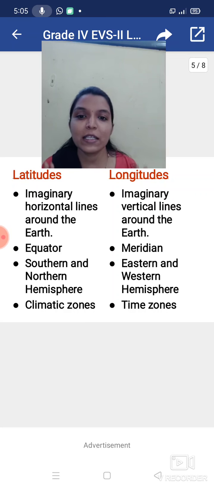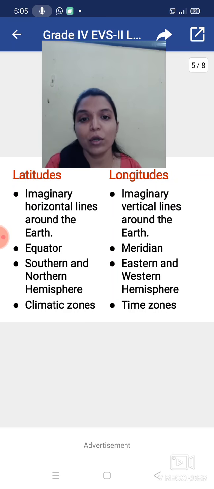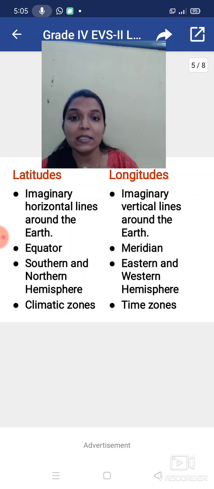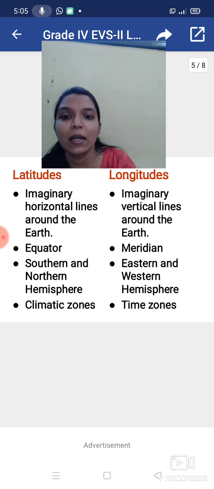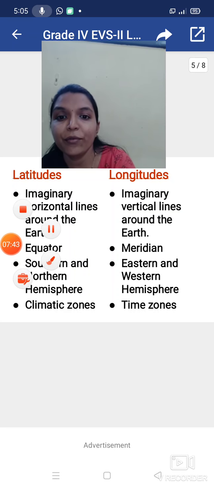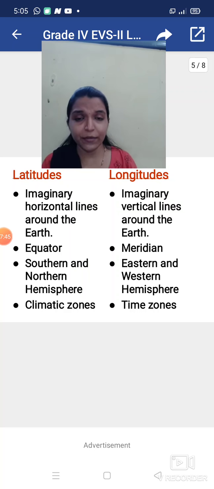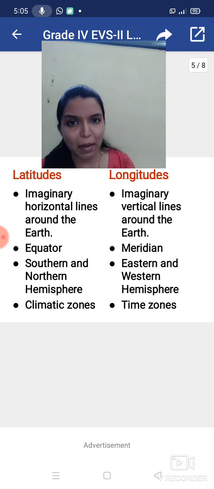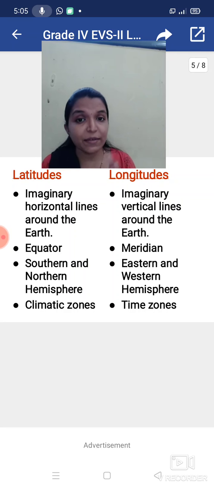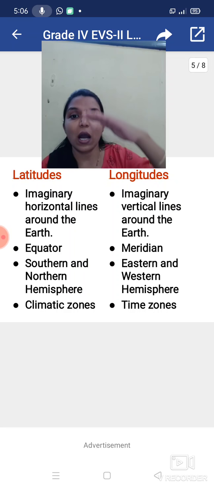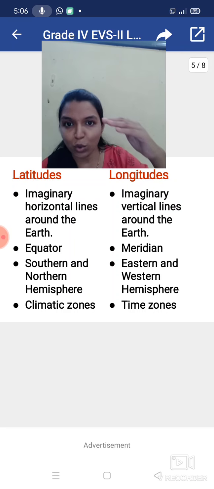Now the next point, equator. I have already told you about that. Equator means dividing into equal parts. The equator is also an imaginary line. It divides the earth into two halves, meaning two parts.